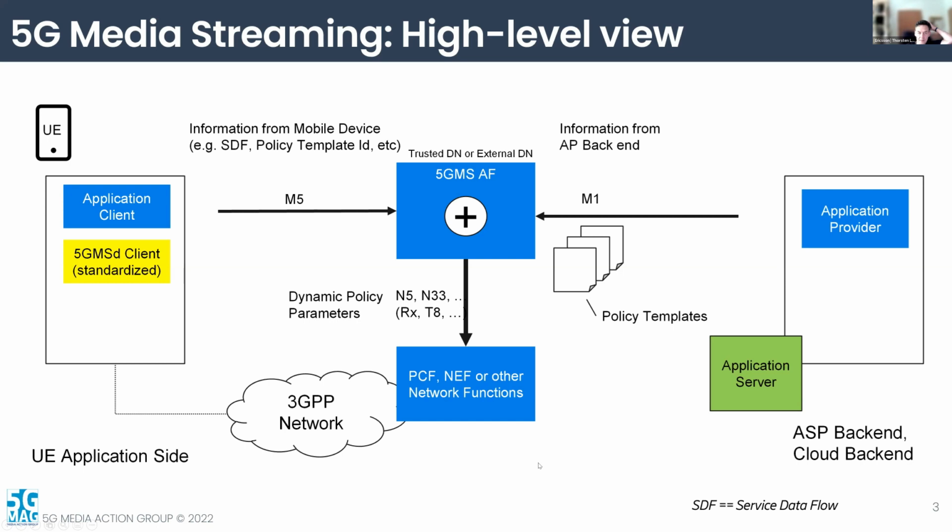So in concept, the 5GMS AF is combining the requests, and it is also doing the isolation between UEs. Here on this leg, it is truly a backend API call, while on this M5 leg, it is truly an application level isolation of the information, right?